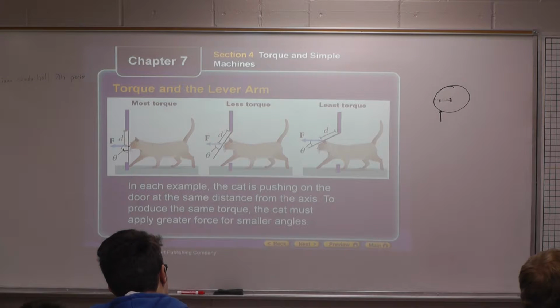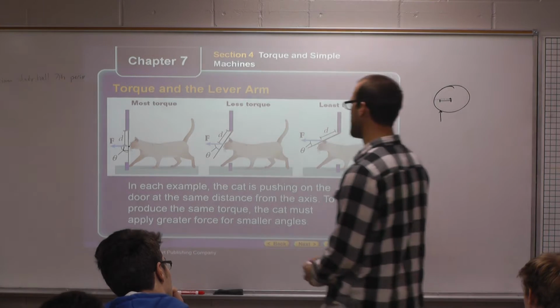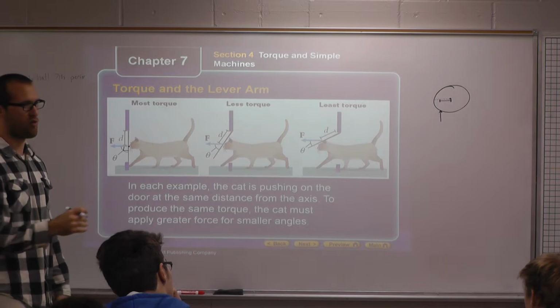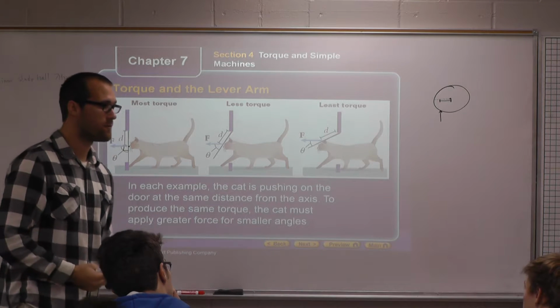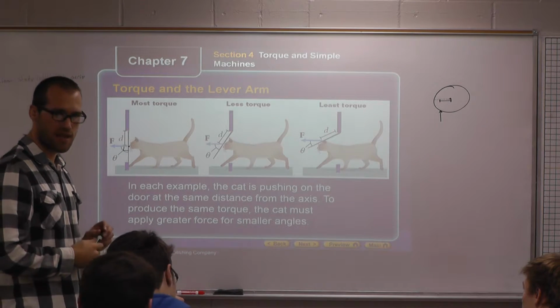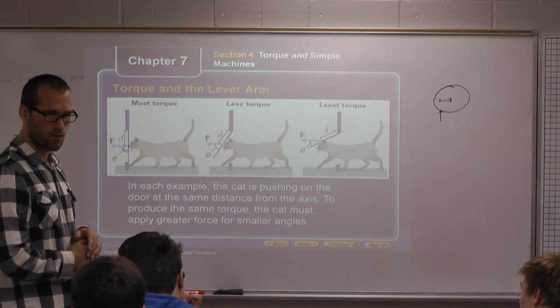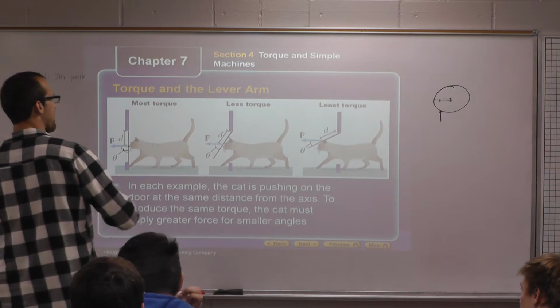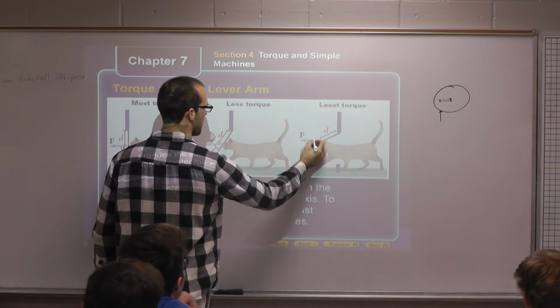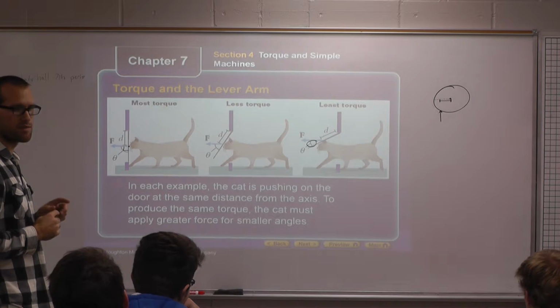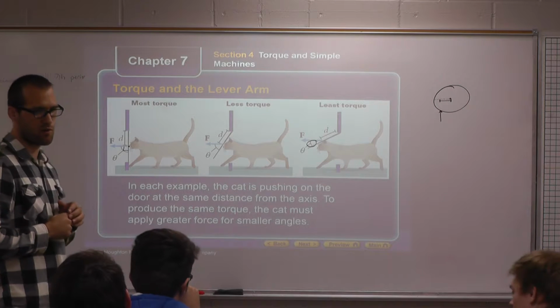As that angle gets smaller, you have less torque, because you have less and less of that force causing it to rotate. Versus if you go perpendicular, all of that force is causing it to rotate. And that's where that sine of theta comes in when you're doing your torque equation.